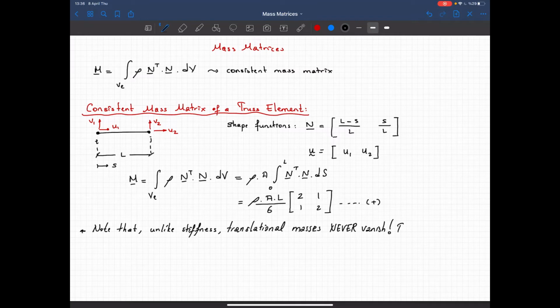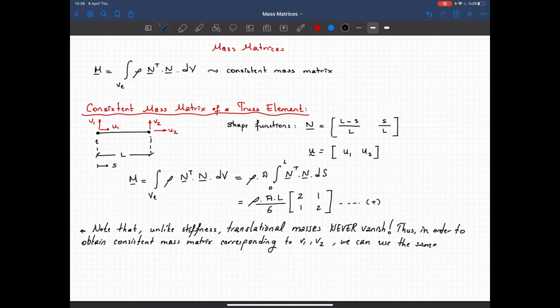So in order to obtain the consistent mass matrix corresponding to V1 and V2, we can use the same interpolation functions that are for U1 and U2. So we are doing the same thing.